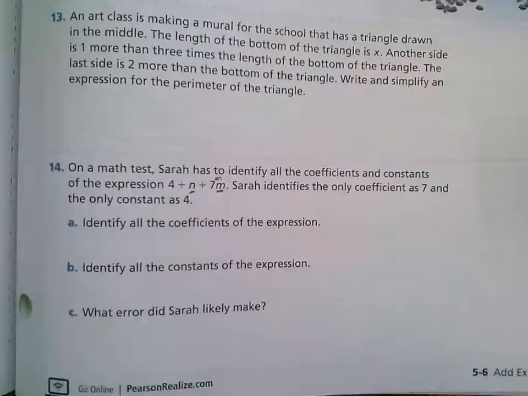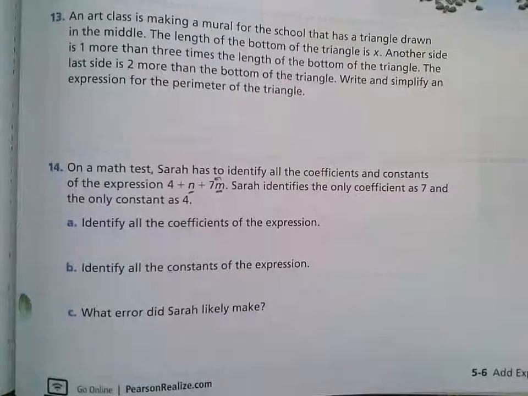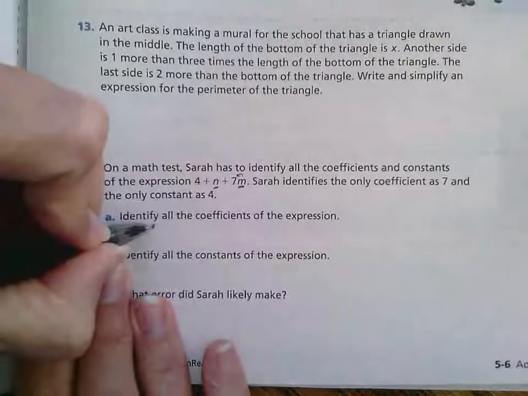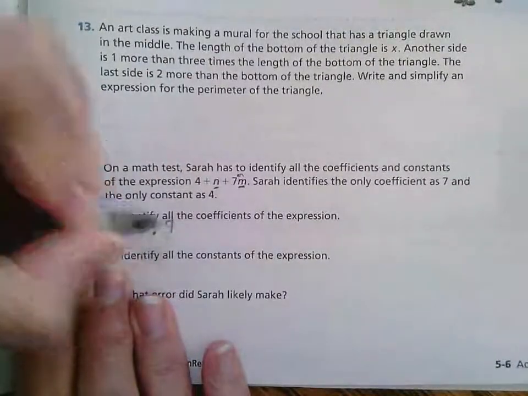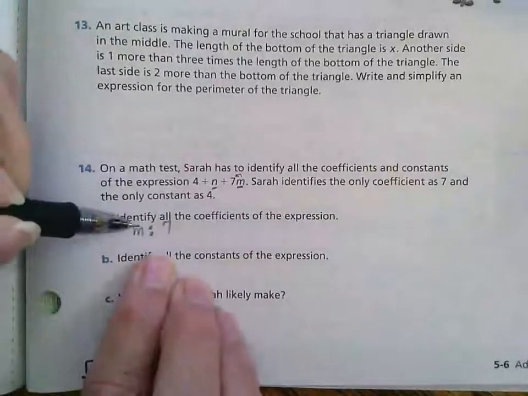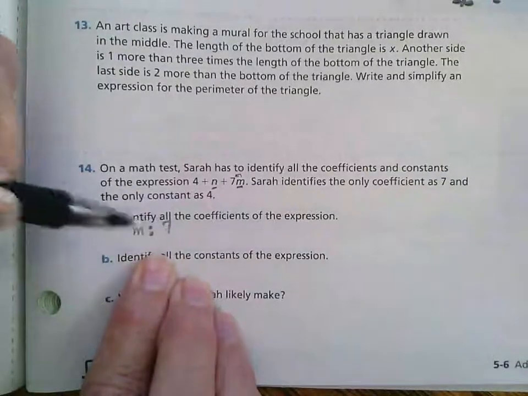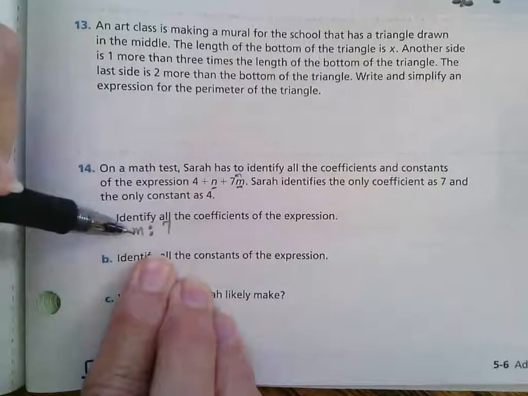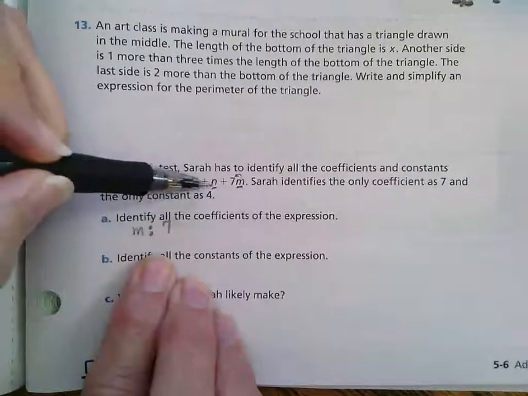So when we look at the coefficients for m, the coefficient is 7. Don't write equals here because m does not equal 7. It's just that the coefficient for m is 7.